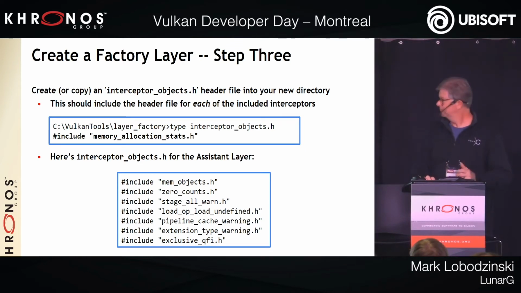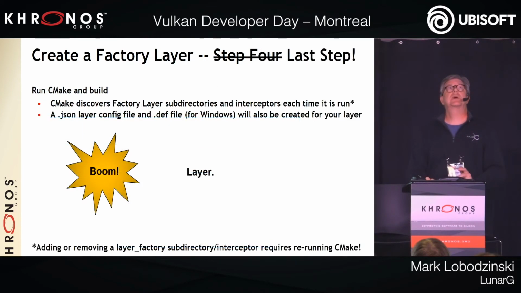So you can see the one for the assistant layer has 7 or 8 interceptors, which cover 8 or 10 of the assistant layer functions. But that's also fairly straightforward. And then you run cmake. Cmake will go through, pull the files out of the directories, build everything, and it spits out a layer, which you can then run straight away.